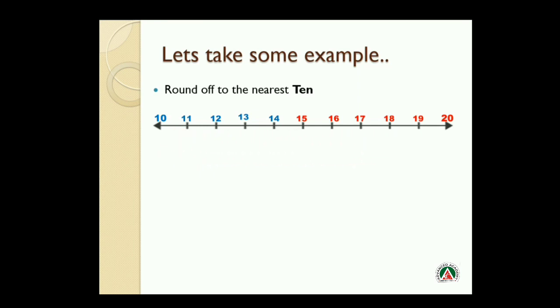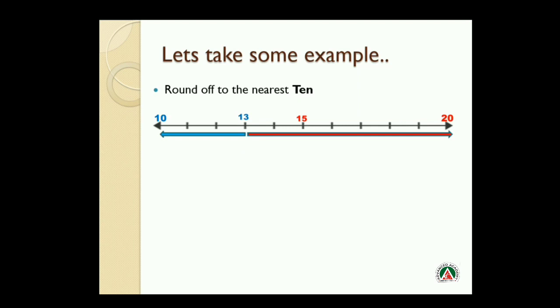Okay, now we will choose one number. We will choose number 13. We have to round 13 to the nearest 10. So see the round up distance and the round down distance. Right now no need to calculate, you just have to see the distance.